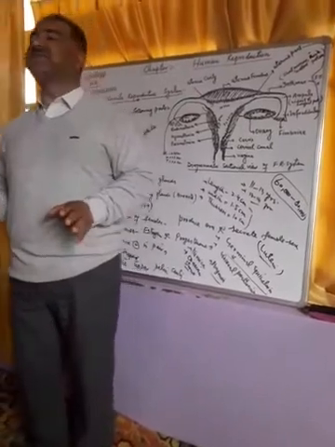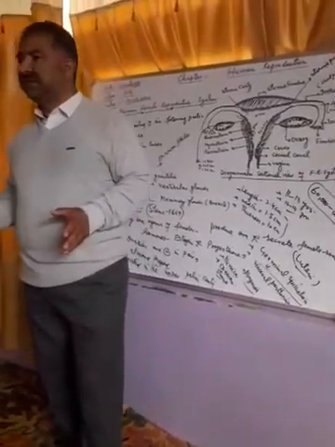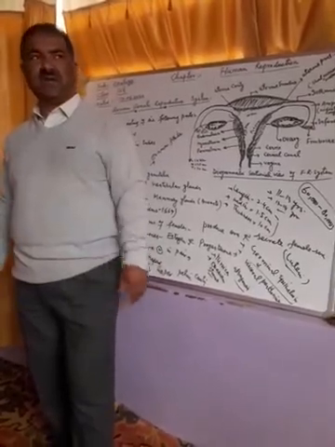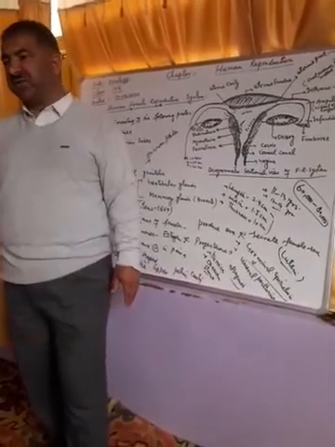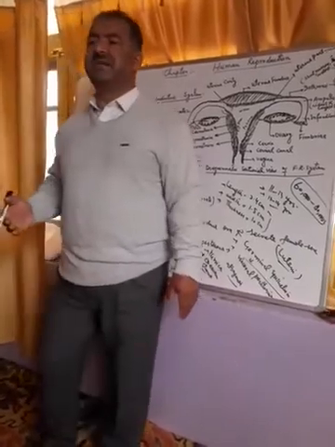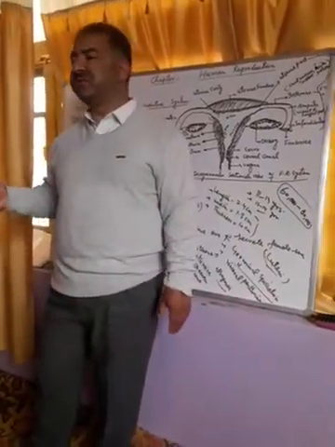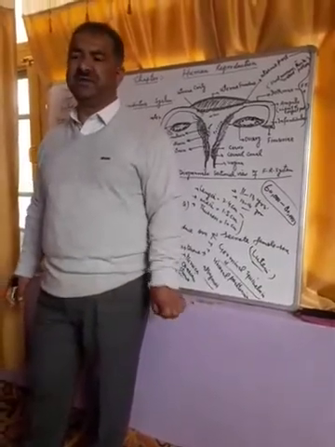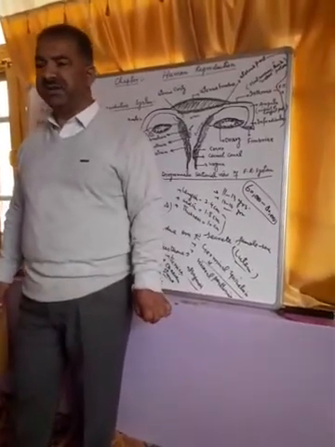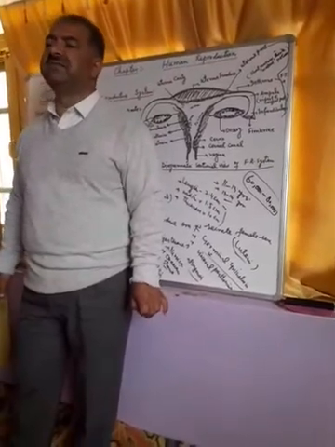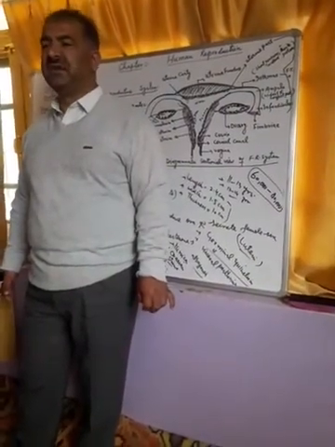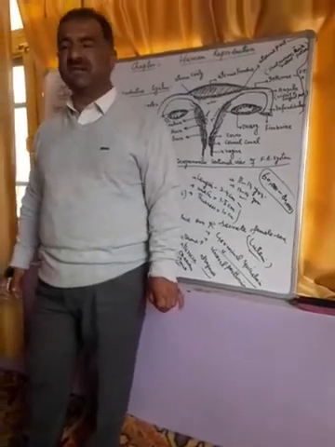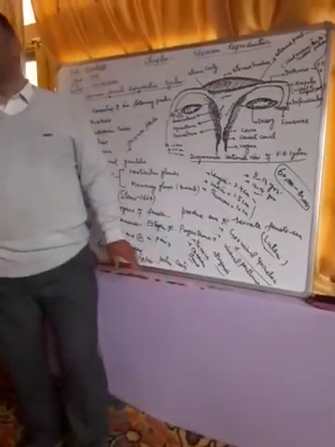If the ovum is not fertilized, the corpus luteum persists only about 14 days, secreting progesterone and a small amount of estrogen. At the end of its functional life, it degenerates and is converted into a mass of fibrous tissue called the corpus albicans, literally a white body.